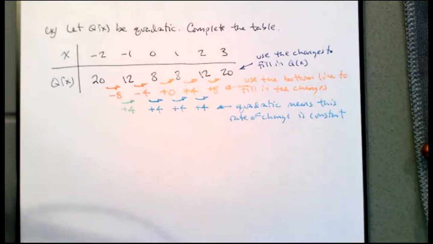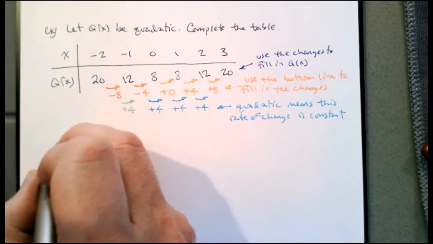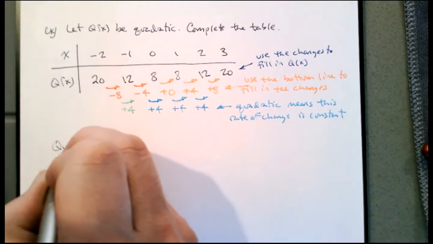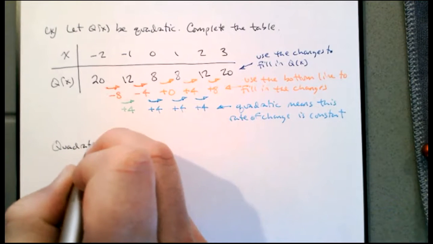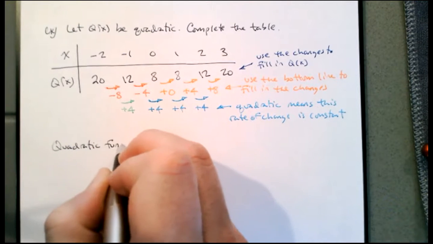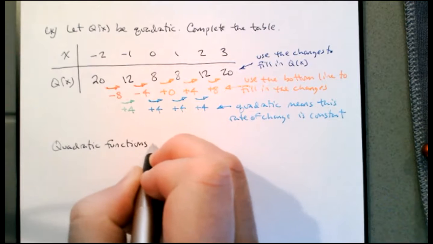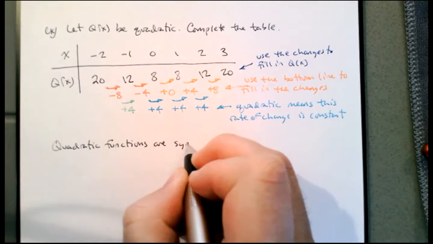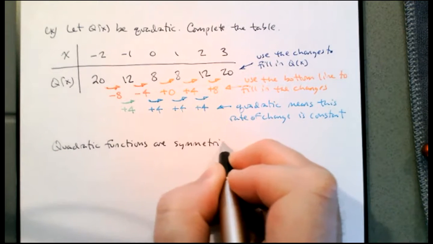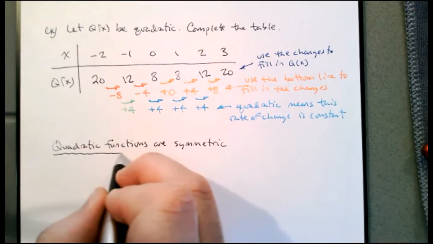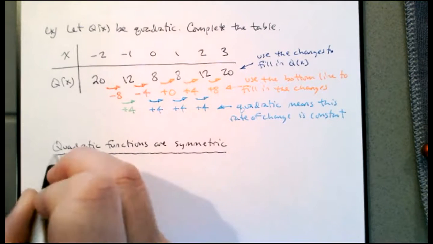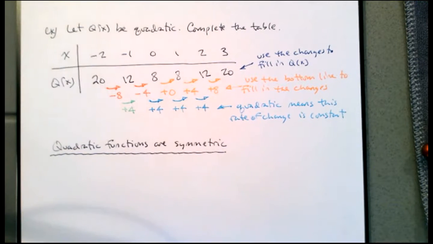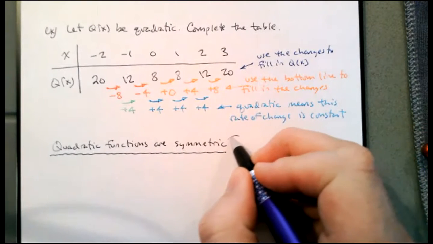So let's talk about graphs of quadratic functions. So we saw the symmetry in the numbers. The left side is a mirror image of the right side. That's what we're talking about with symmetric.